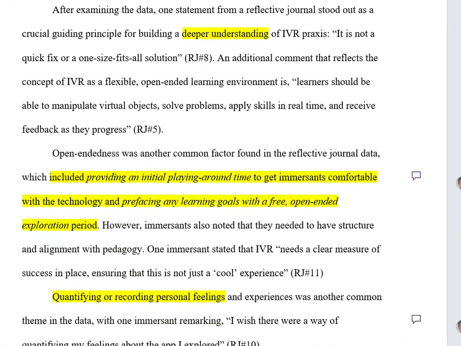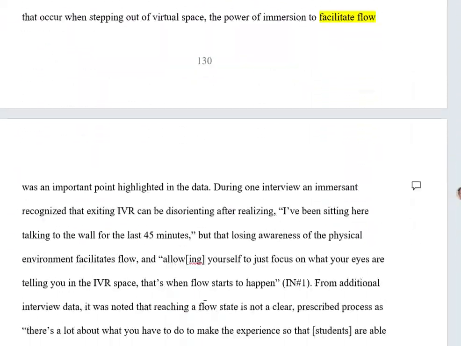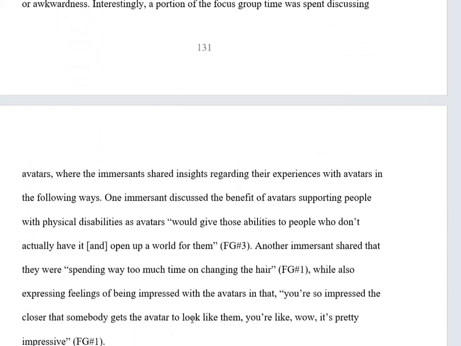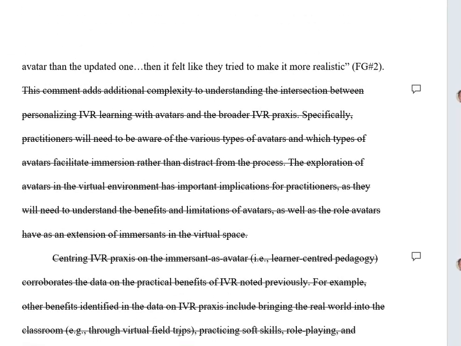And then finally here, again, you can use it in your discussion, but sorry, it's taking me a while to scroll down here. Here, this comment adds additional complexity to understanding the intersection between personalization with the avatars and the broader praxis. So that's you interpreting this. Specifically, practitioners will need to be aware of the various types of avatars.